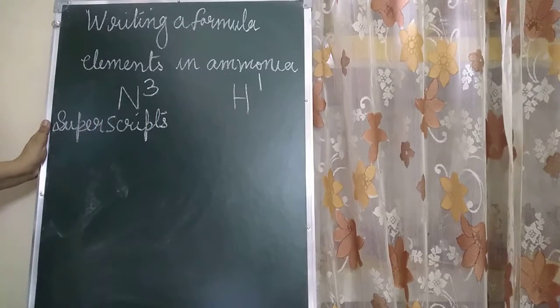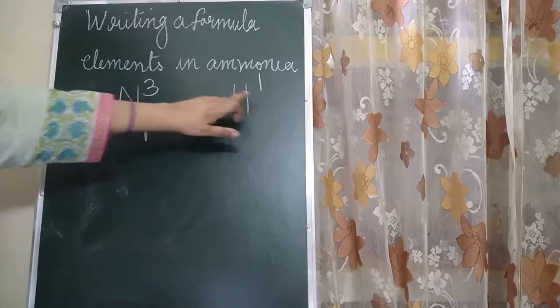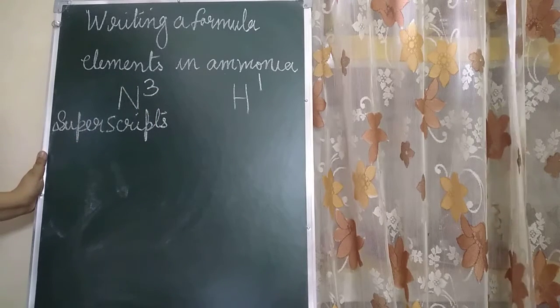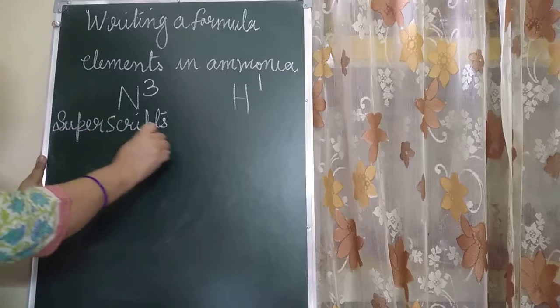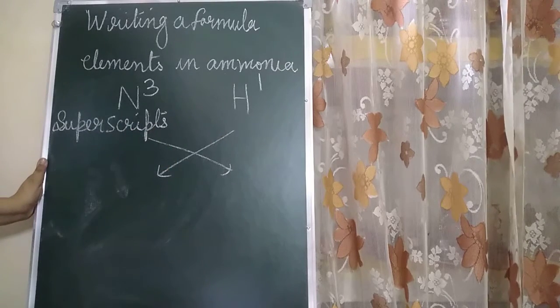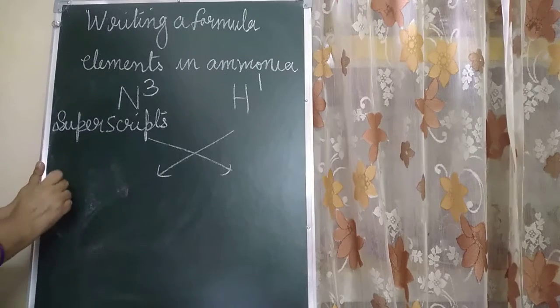Fine, children. Then what? Divide by any common factor in their valency. But in this case, we do not have any common factor, so we don't have to divide. Now interchange the numbers obtained and write them at the base as subscripts.